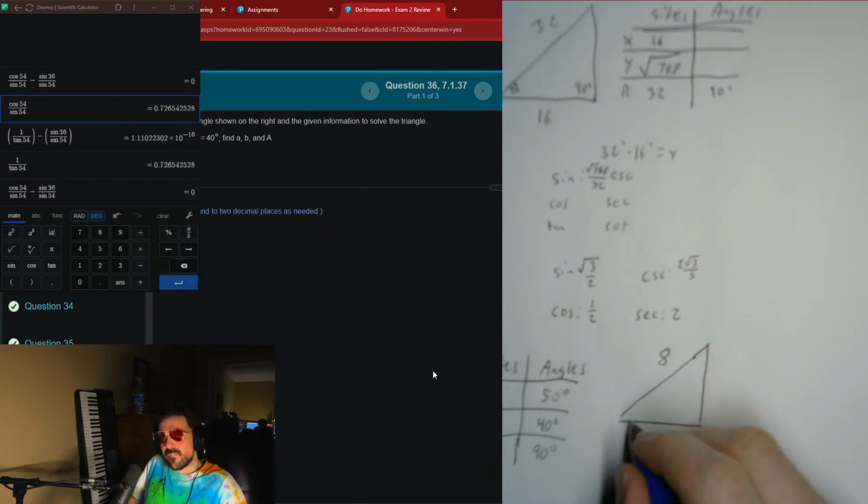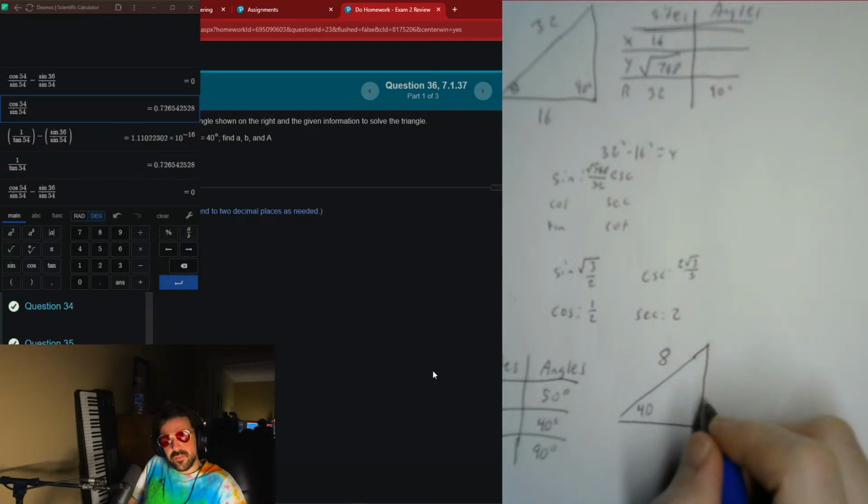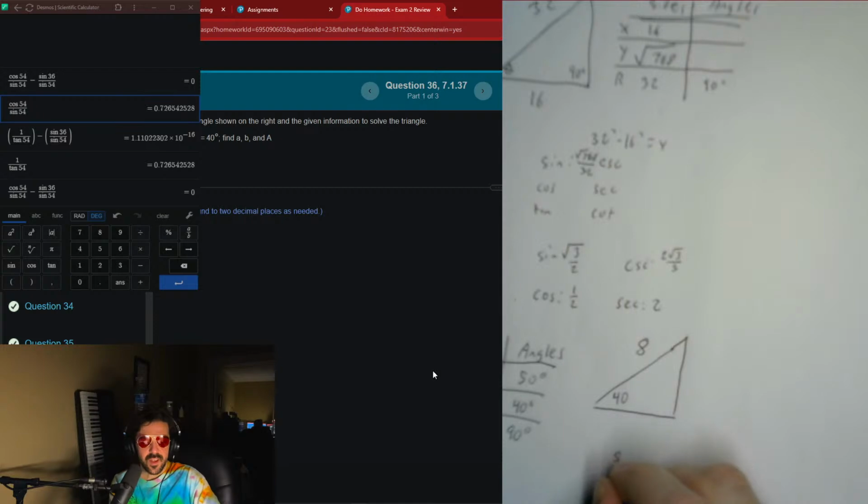This will be... So sine is opposite over hypotenuse. Sine of 40 degrees is equal to x over 8.